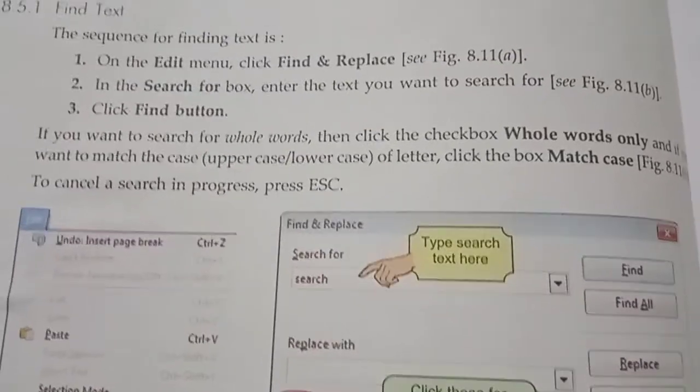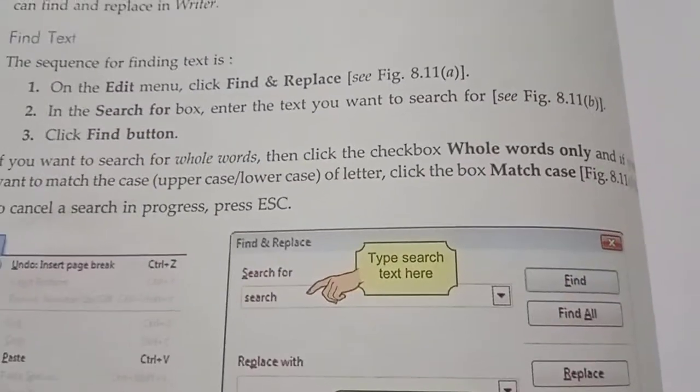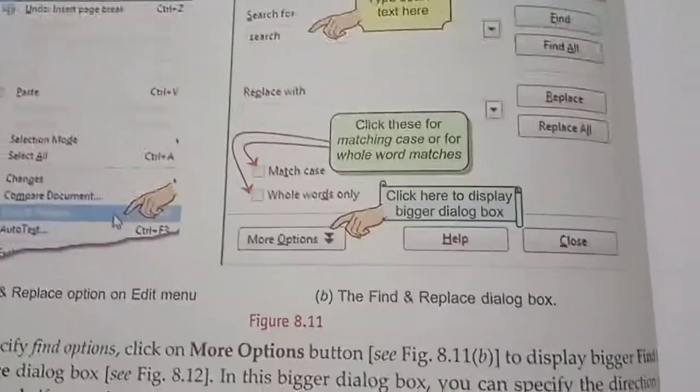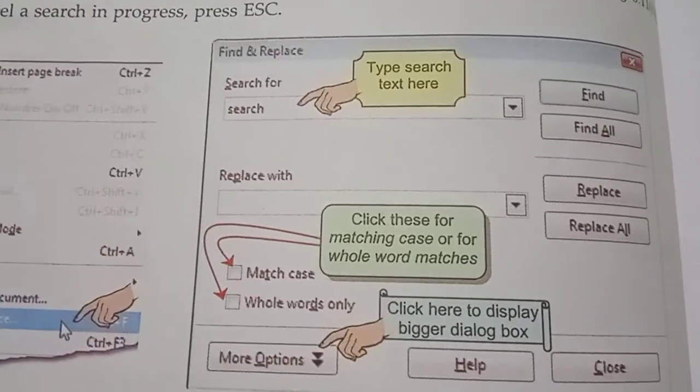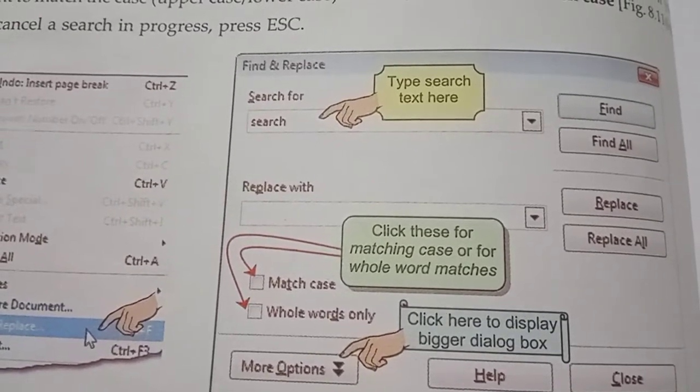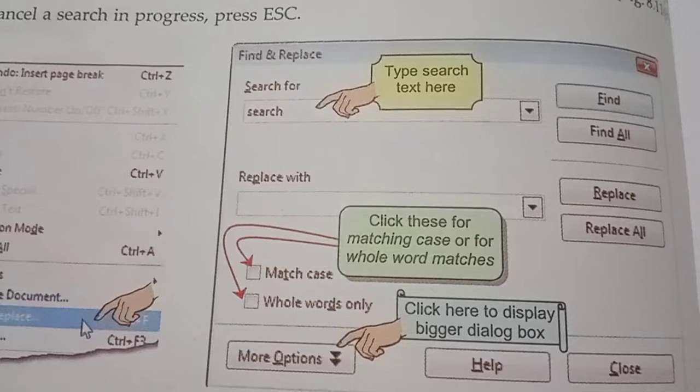Edit menu, Find and Replace, then in the search box type that word, then click the Find button. Then Match Case and All Words: match case means uppercase and lowercase. If you tick that, only exactly matching words display. Otherwise all matching words display.